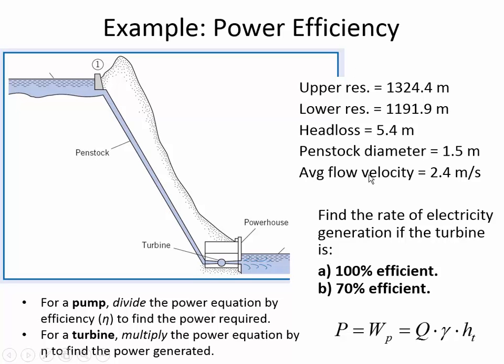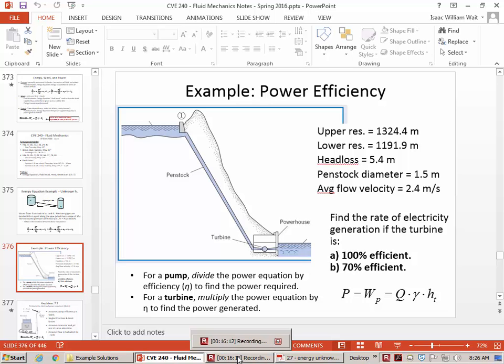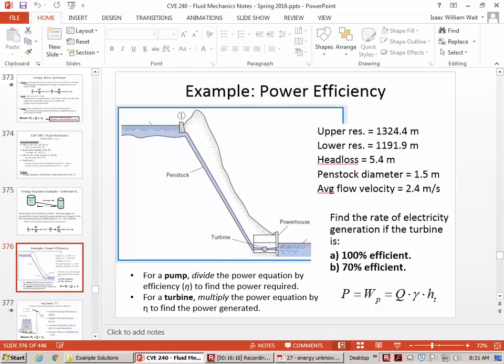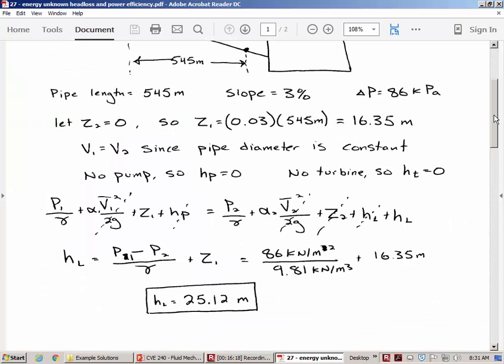All right. So again, this is a two-step process. Step one, use the energy equation to calculate H sub T. And then step two, calculate the power generation using the power equation.